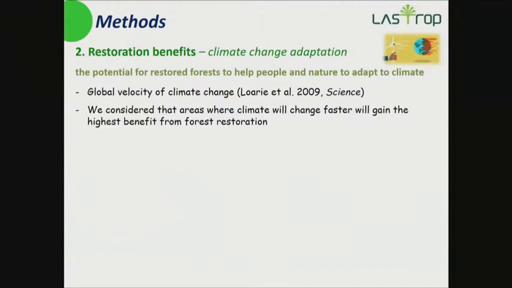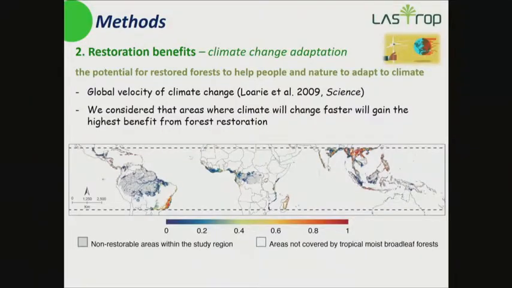We then developed, well, it was not developed, we adapted an existing database for addressing the climate adaptation potential of restoration. So we based this layer on an existing map about the velocity of climate change. We consider that the faster the climate changes, the higher the benefit of restoration to adapt to climate change, because restoration may contribute to improve species movement and habitat conditions.